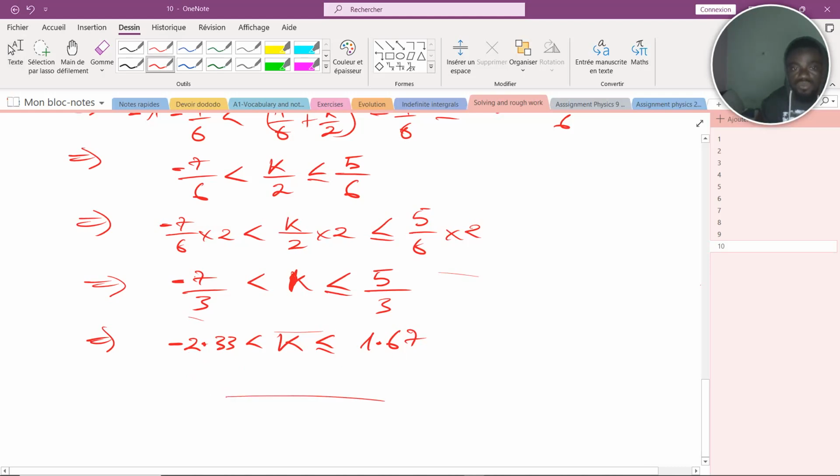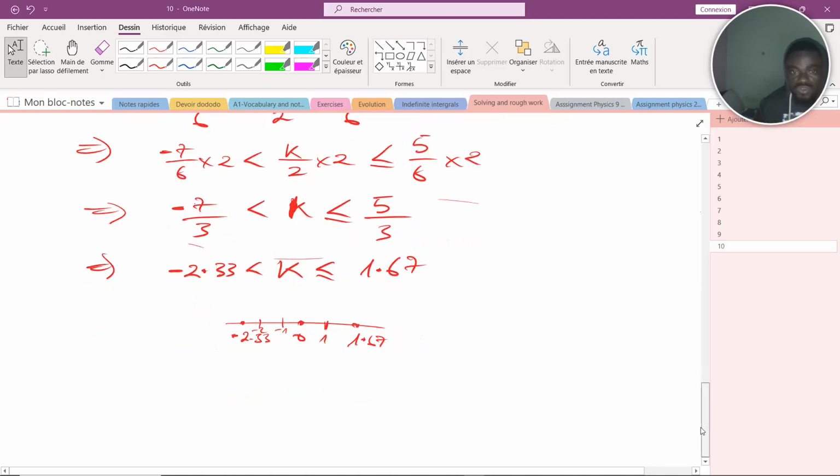If I draw my number line like this, this is -2.3 and this is 1.67. If this is 0, I know that after 0 I have -1 and -2. Here I will have only 1. Is that okay?